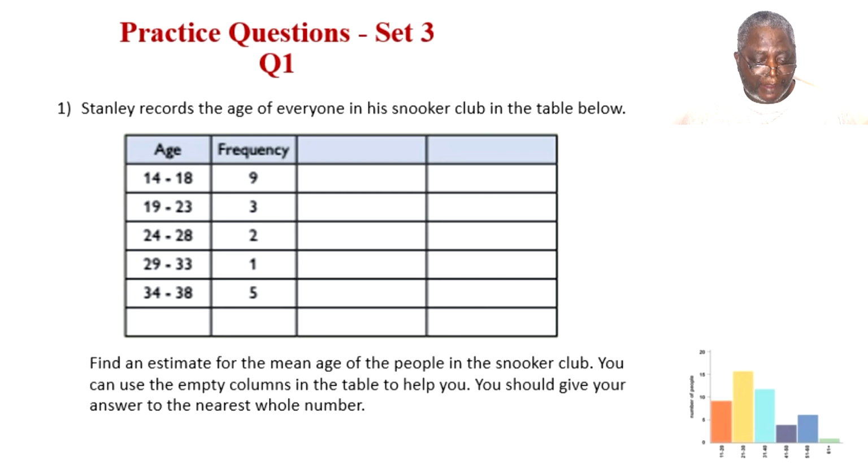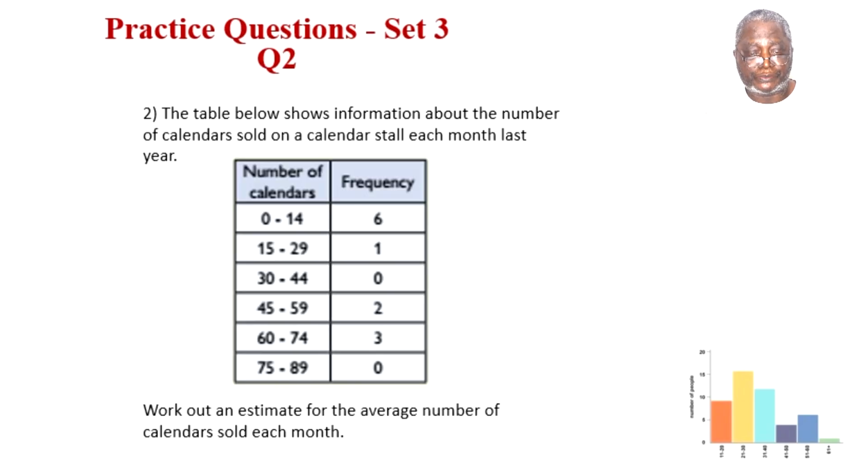You can use the empty columns in the table to help you. You should give your answer to the nearest whole number. What would be the headings for the extra 2 columns? Think about it. And once you've done that, you can multiply the midpoint by the frequency.